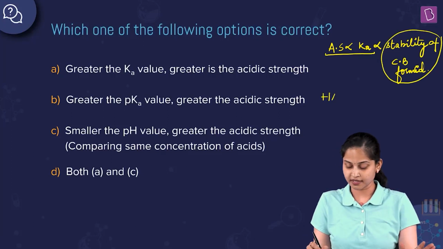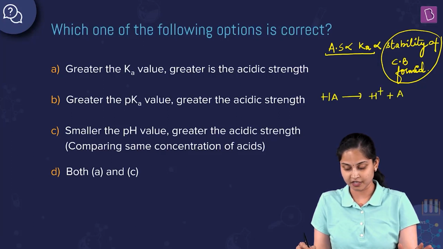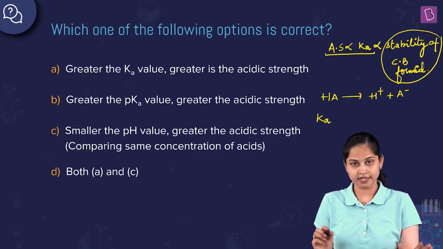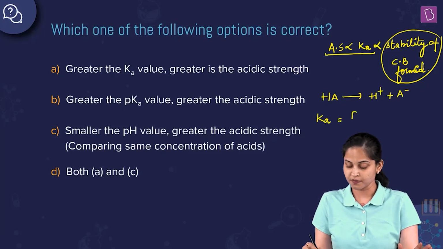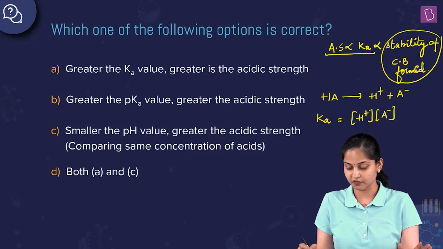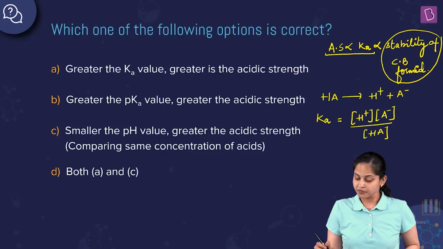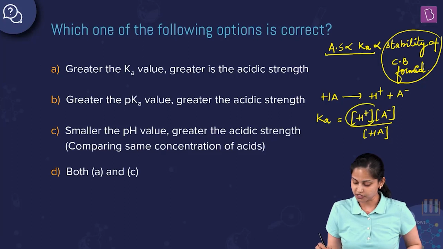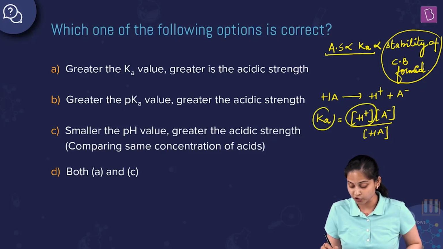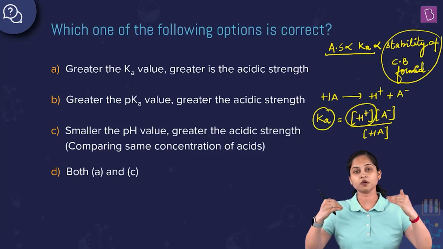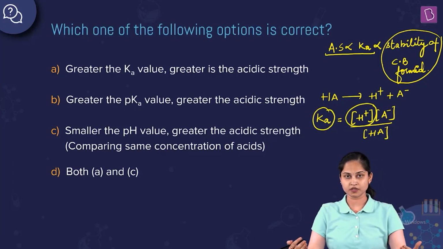Basically, if I take an acid that dissociates into H positive plus A negative ion, and I want to write the dissociation constant expression, Ka is equal to concentration of H positive ion multiplied by the concentration of A negative ion divided by concentration of HA acid. That means the more the concentration of H positive ion, the more will be the value of Ka. Now, how is the concentration of H positive going to increase?